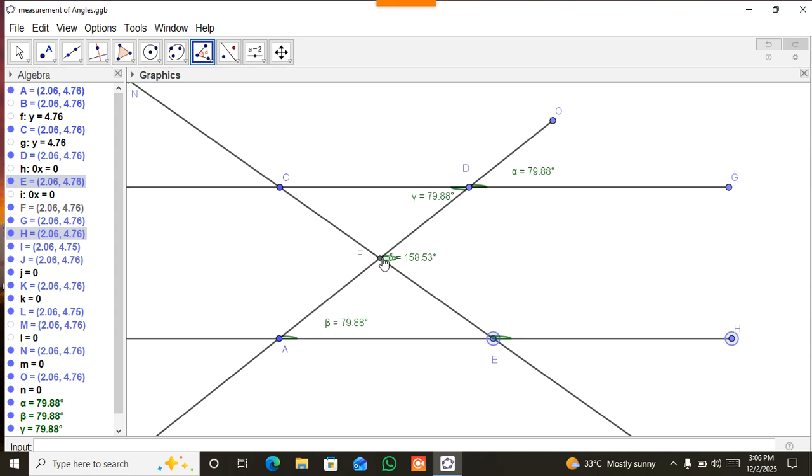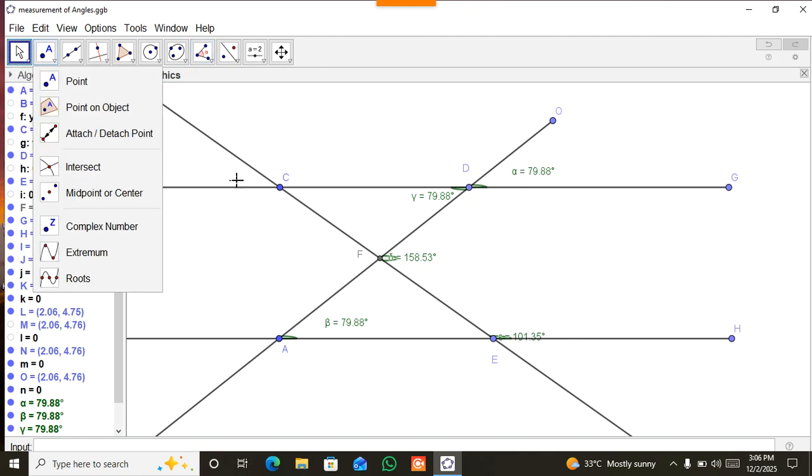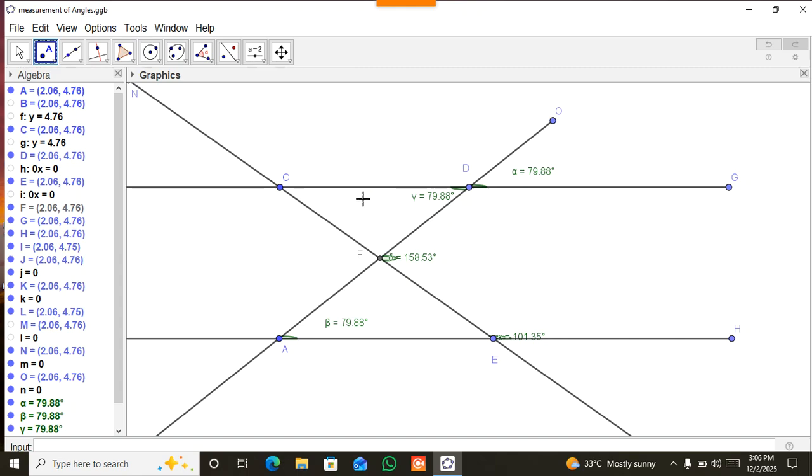So it gives me the angle measure of 101.35 degrees.